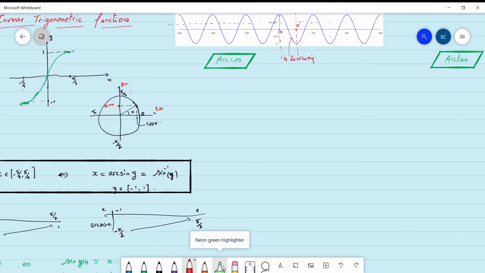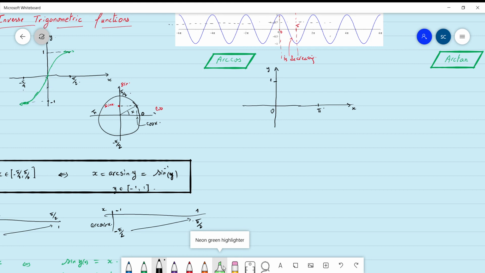Okay, let's now define the arc cosine function in a similar way. This time I will go faster. I will just show my restriction. I will restrict my definition to this interval, from 0 to pi. At 0 it takes the value 1.